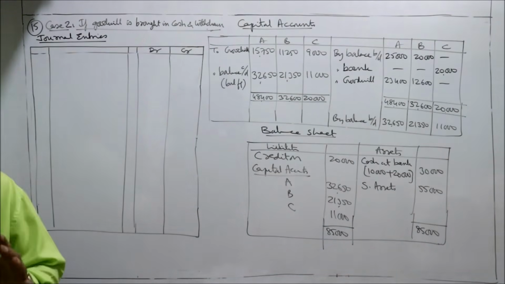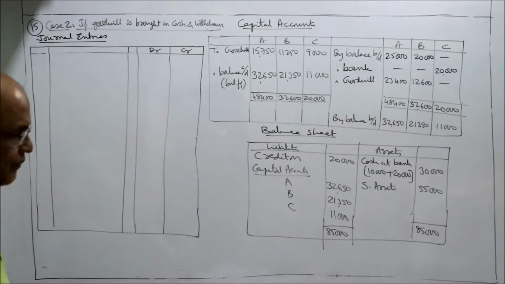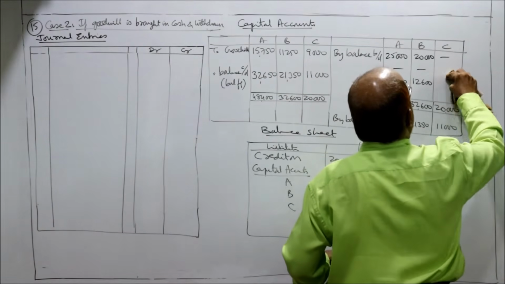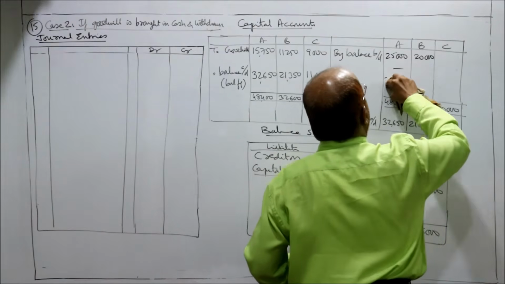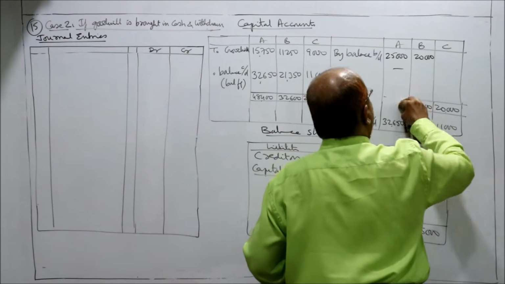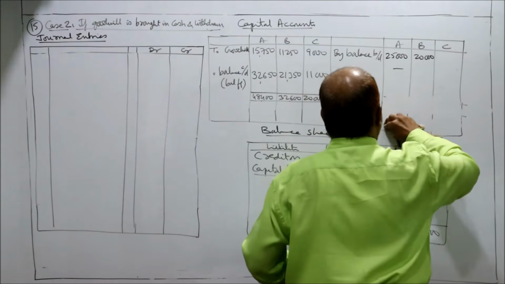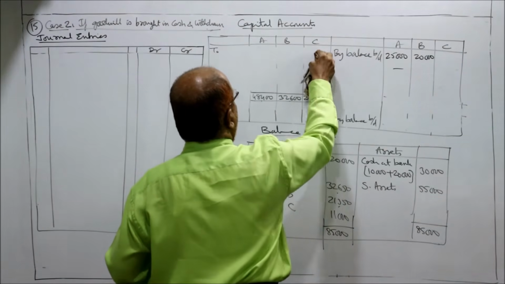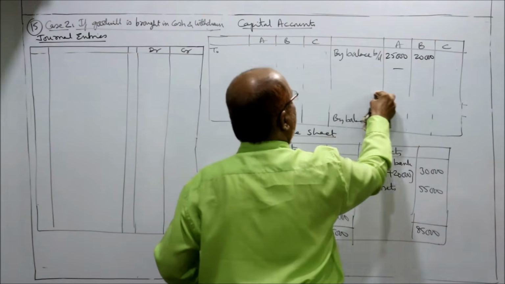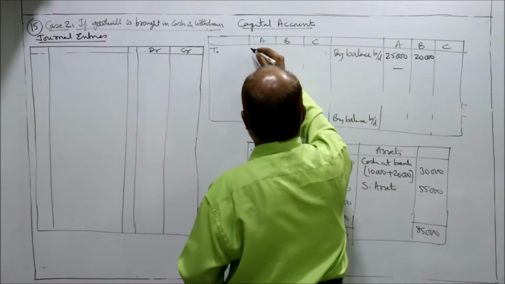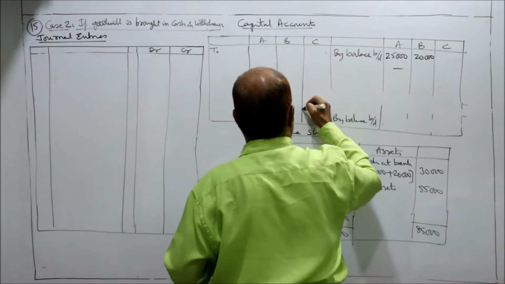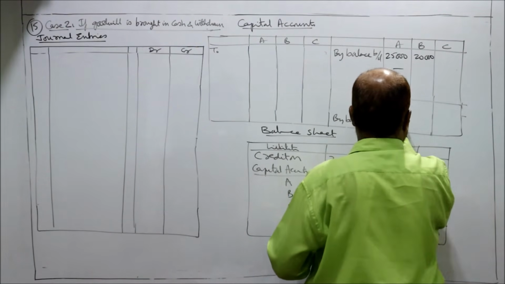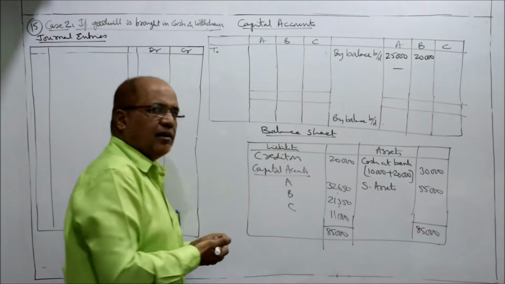Now, first we are passing the journal entry when goodwill is brought in cash. See, we are doing case 2.